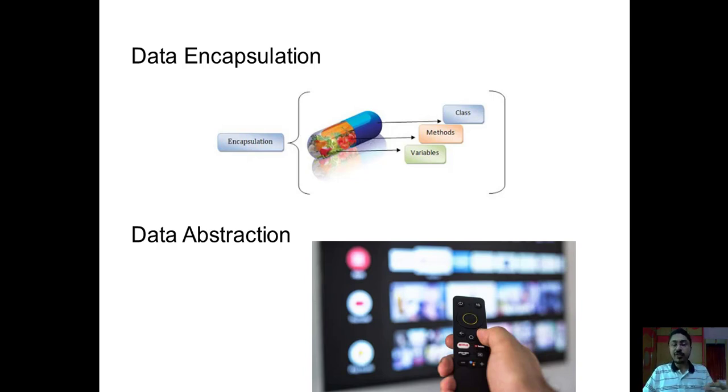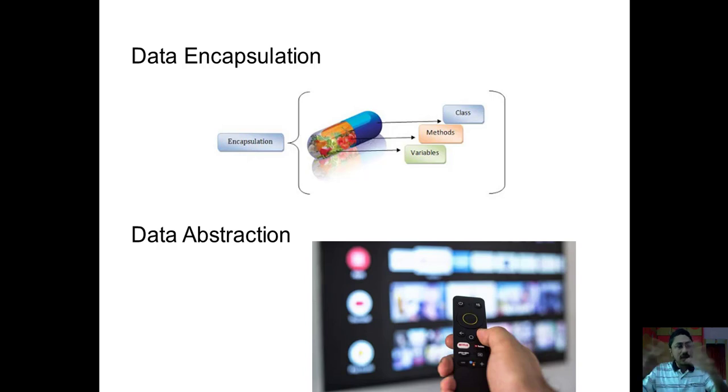Now don't get confused between data encapsulation and data abstraction. Encapsulation is nothing but enclosing all these things in a certain way. Now I will take the same example of television and we will see how encapsulation and abstraction are different from each other. Let's say we have the television. Now how does encapsulation work in the television?